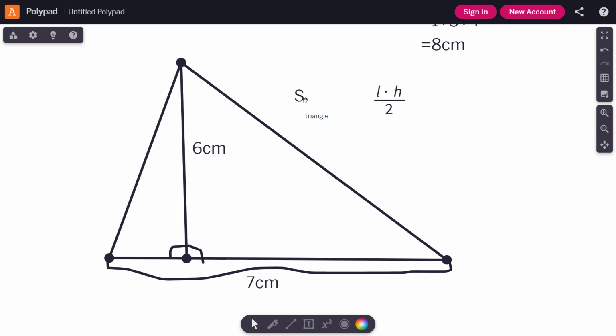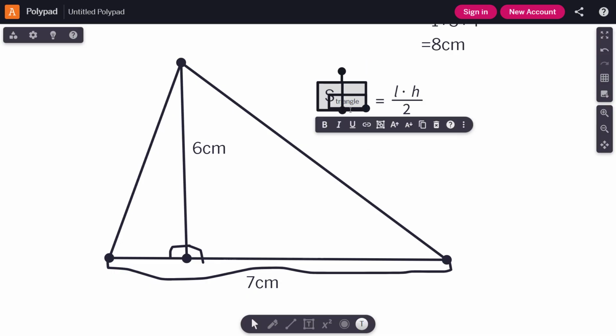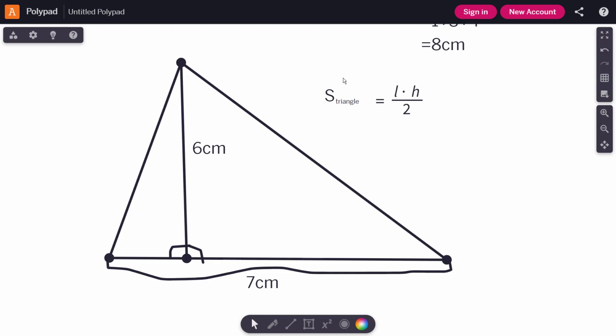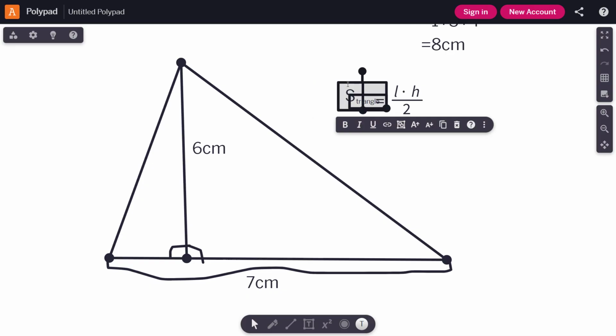Right now you might already be thinking of how triangles suck. I don't want to do it anymore. The area of a triangle is calculated using the following formula.